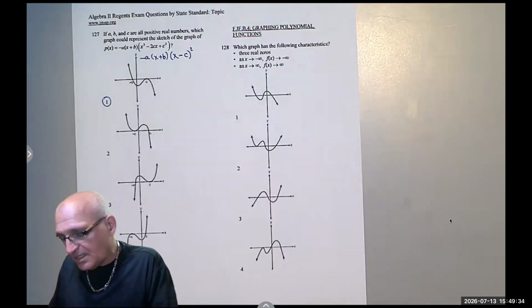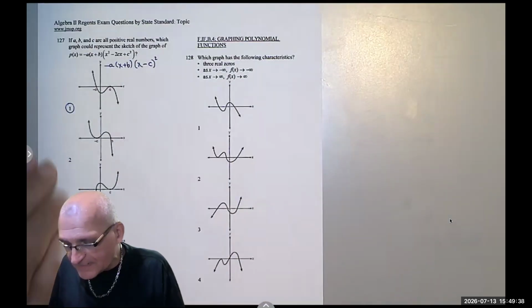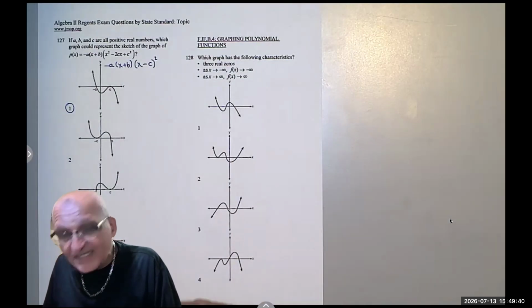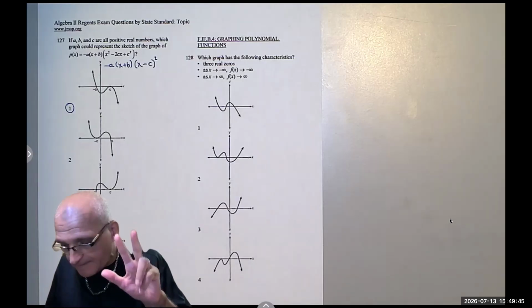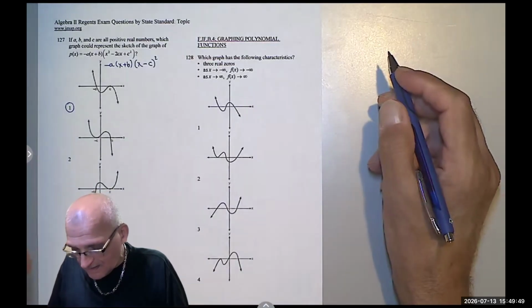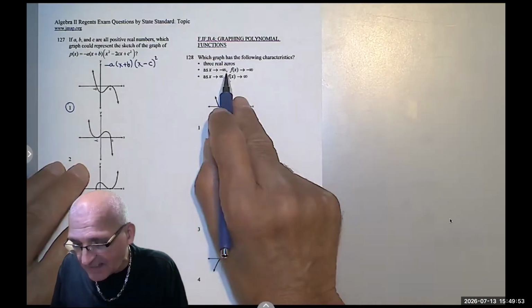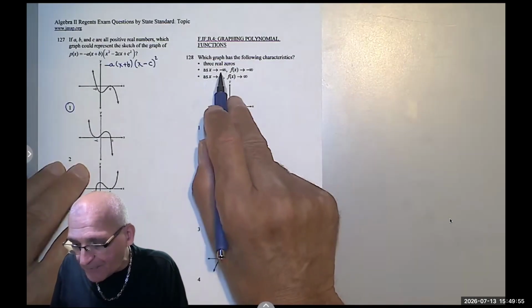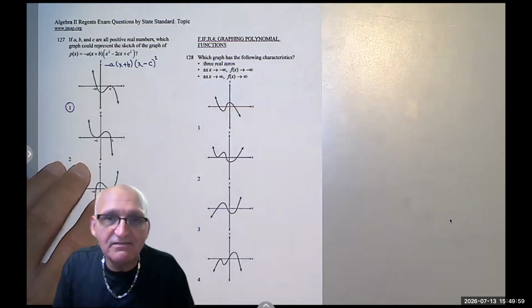On the right-hand side, which graph has the following characteristic? 3 real zeros, okay? And first of all, let's look at that. What does this say? It says as x approaches negative infinity, f of x is negative infinity.